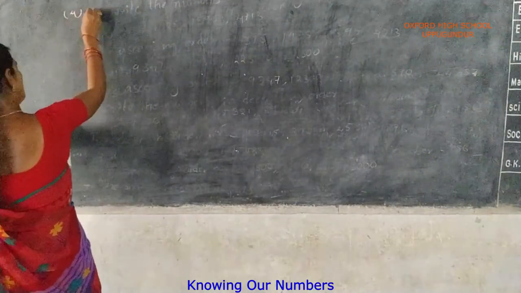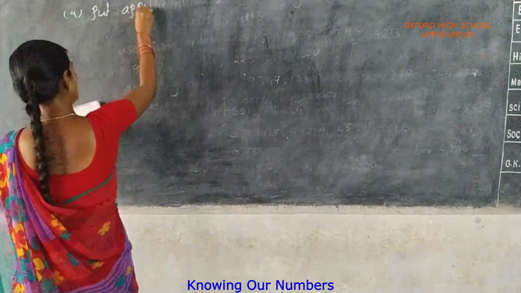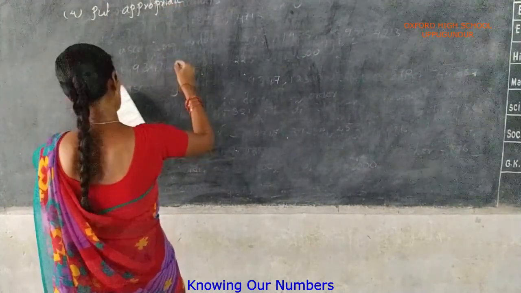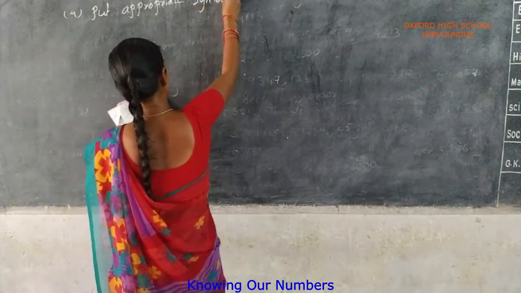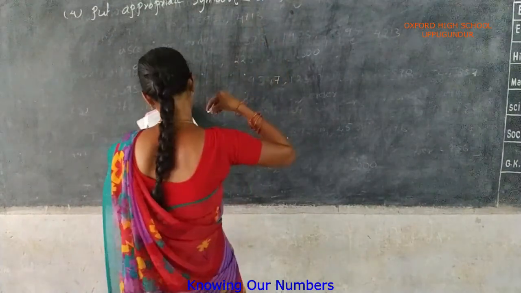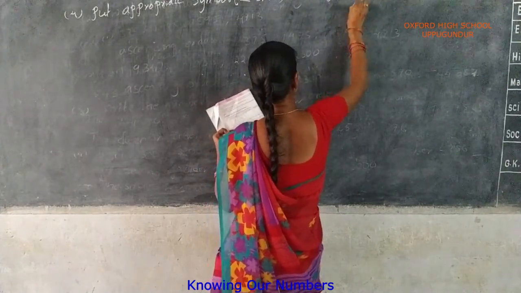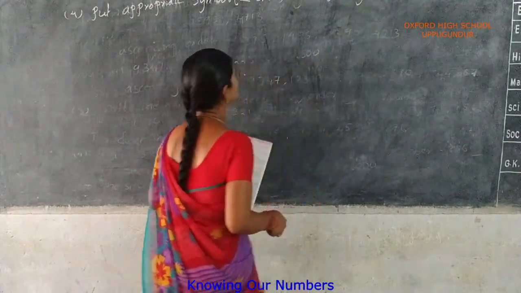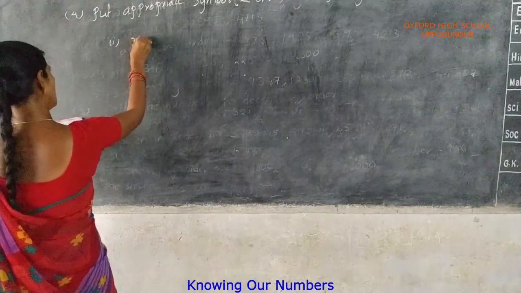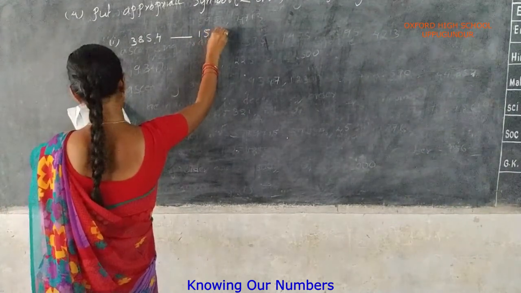Fourth Roman, put the appropriate symbol, less than or greater than, in the space given. First one is 3,854, 15,200.